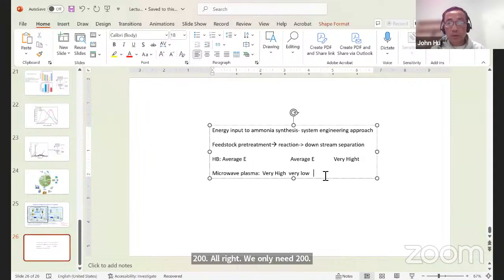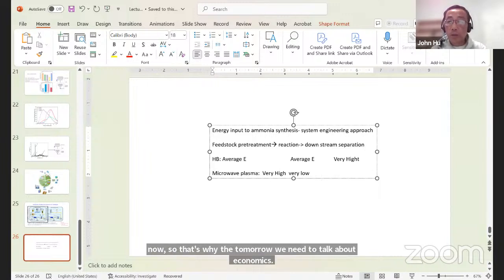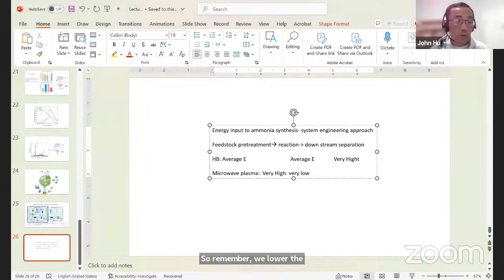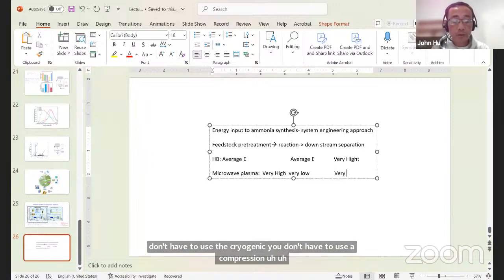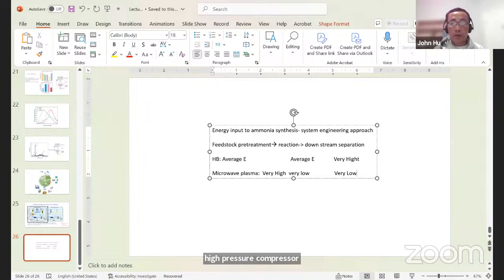So that's why tomorrow we need to talk about economics. Remember we lower the pressure, all right? We lower pressure, that means you don't have to use the cryogenic, you don't have to use a high pressure compressor. Make sense? You see what breaks down from very high, because nothing's free.